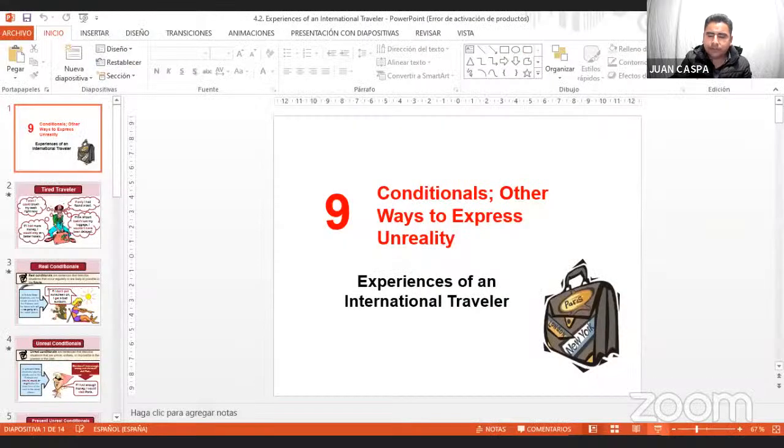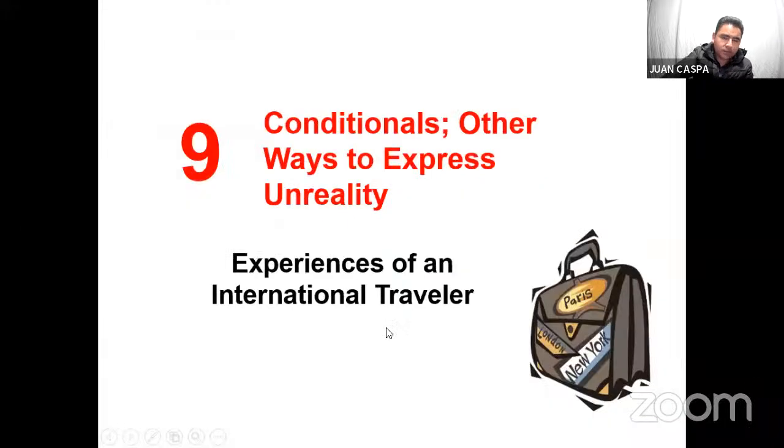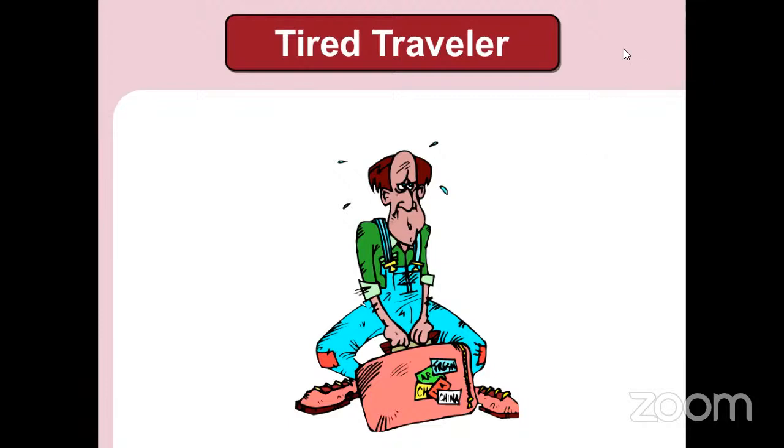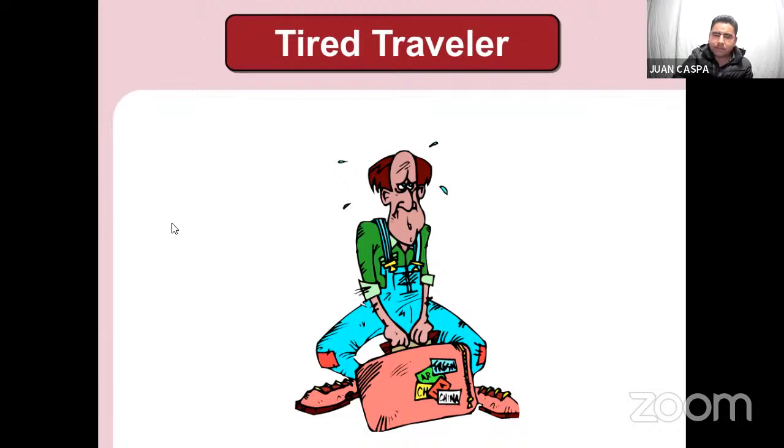Here we go. Before we start with the indefinite pronouns, we're going to work with conditionals, other ways to express unreality. Okay, these are also with pronouns, by the way. You can see, right? Yes, teacher. Okay. So there is a tired traveler.